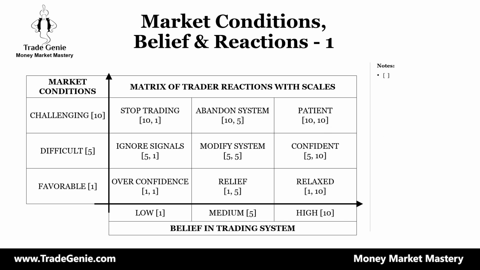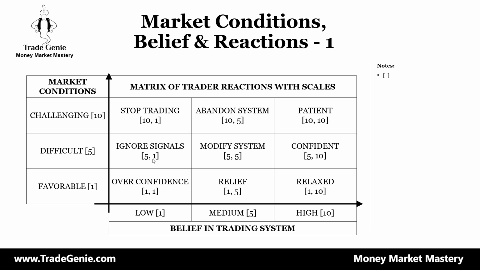And then the final one is this quadrant, which puts in the numbers. What happens? We stop trading if our belief is low and market conditions become challenging. We abandon the system, or we stop trading. If we have a high belief, then we are patient. When the market condition is difficult, we start ignoring the signals.